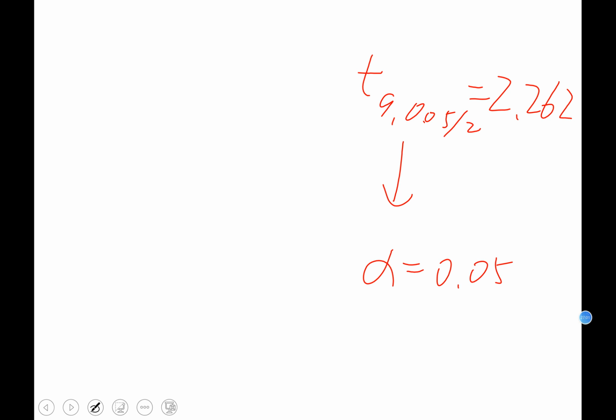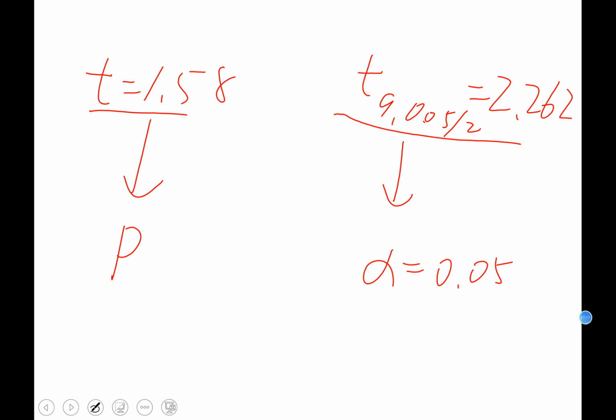And this is what we calculated with the data given in the question. And we want to know its corresponding probability, right? So now we change the question into the comparison of these two t-values, not the comparison of these two probabilities. Now we can compare these two numbers of t.